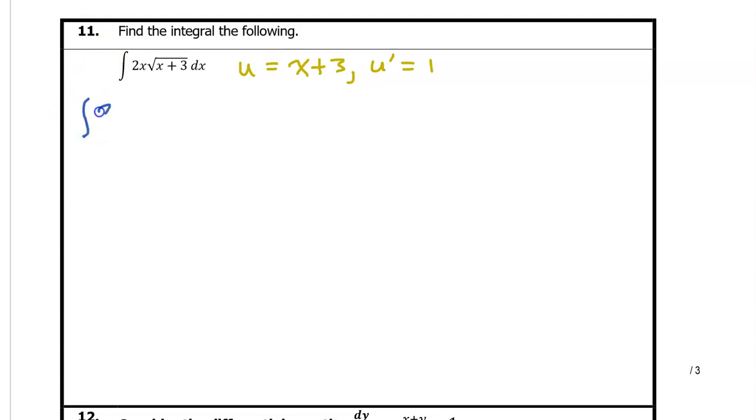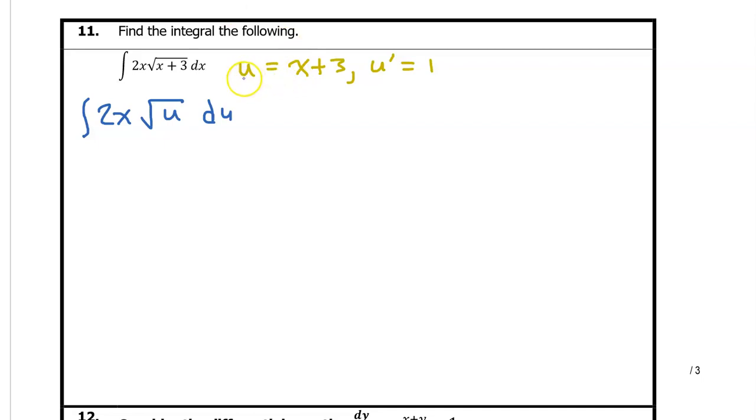We get the integral of 2x times the square root of u. Instead of dx, we will write du over u prime, but u prime is 1, so we write nothing, so that's what we have. At first, we are nervous because the x's did not cancel out. But maybe we can do a secondary substitution.